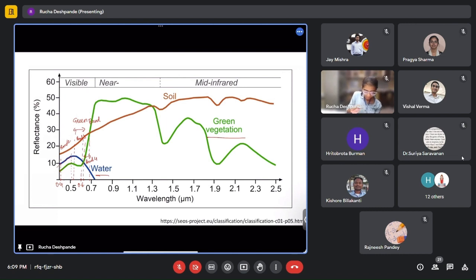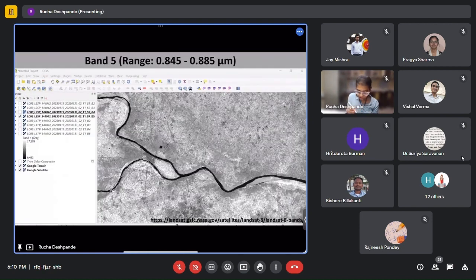Within this range the reflectances are changing: the reflectance of water is going down, and that of the vegetation is going high. But in this range we will see that the spectral reflectances would be the average of whatever falls in that range. So this is the image of band 4.